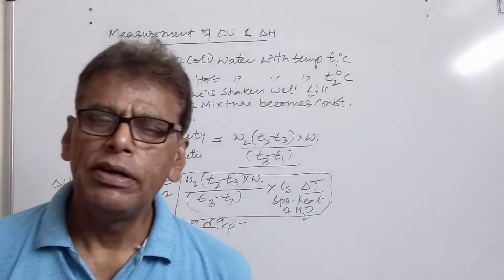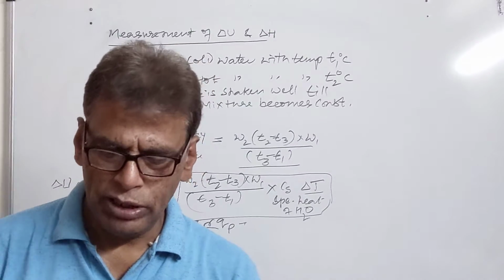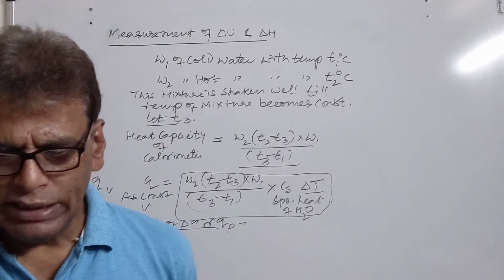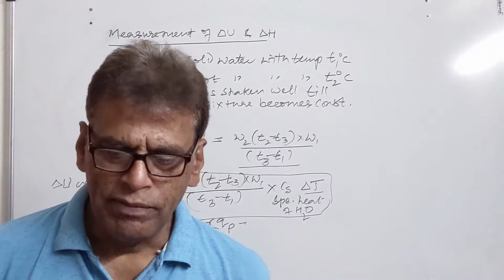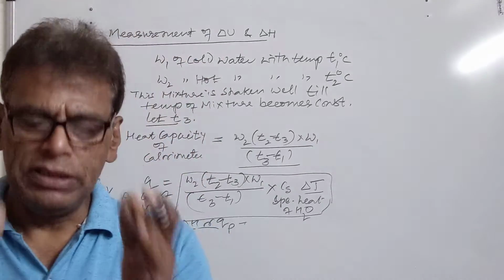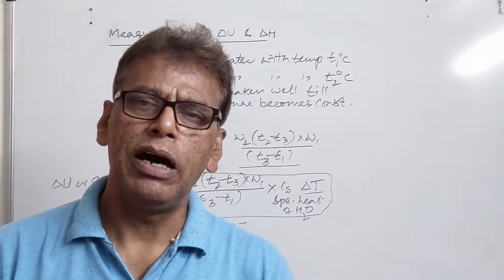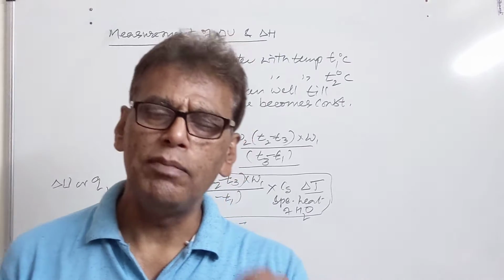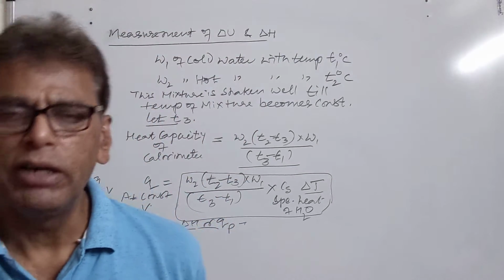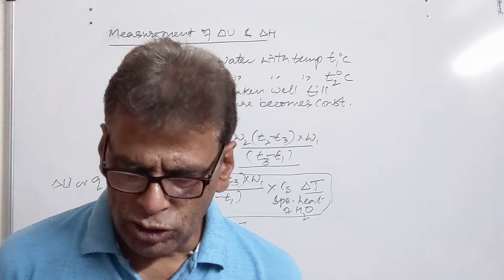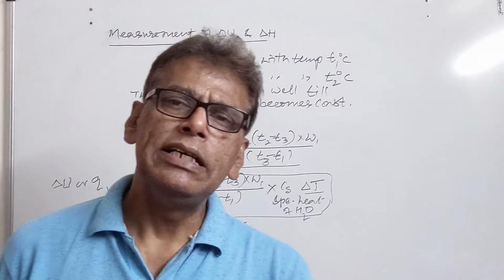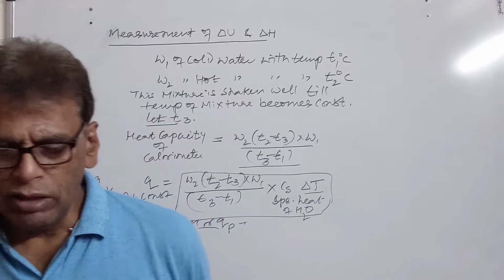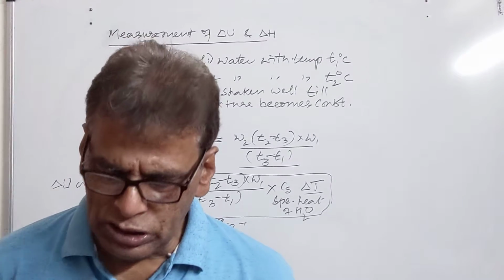Water is filled in, and outside this chamber we have water whose initial temperature is recorded, and then the substance is burned in the bomb which is inside, where the platinum cup is taken, where the weighed organic compound is kept, and oxygen gas is filled in that bomb. Now the substance is burned, and the change in temperature of the water present outside the bomb is recorded.